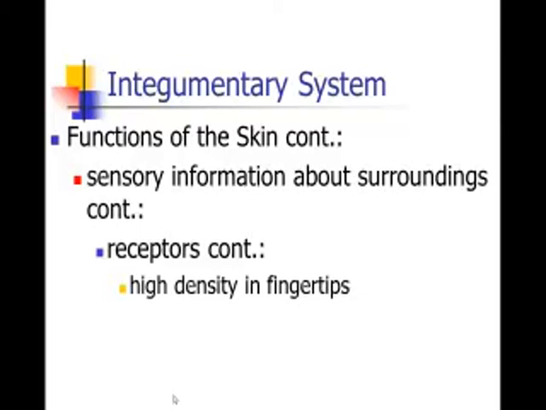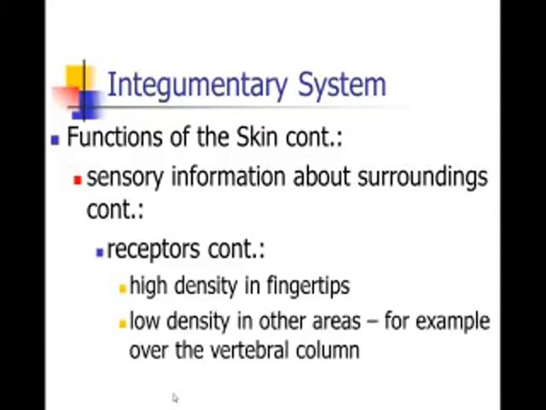If you palpate things with your fingers, you can really feel the most subtle irregularities, whereas other parts of your body, for example over your vertebral border, have very low density, and you don't have very good perception of tactile stimuli.